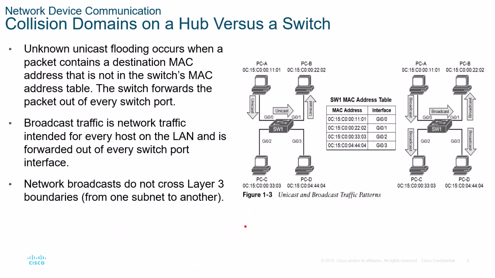So, collision domain on a hub versus a switch. Remember that a hub will broadcast all data that's received on any port out all other ports minus the receiving one. So when we have an unknown unicast flooding occurring, the packet will contain the destination MAC address, and the switch will use the information it knows to forward the unicast messages.